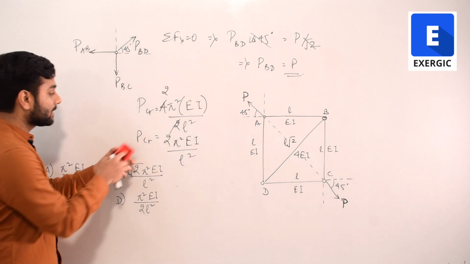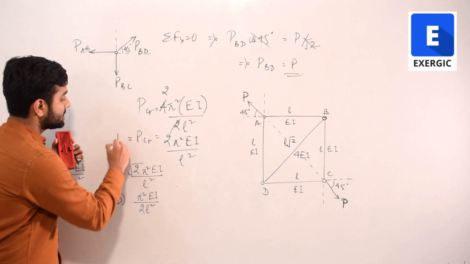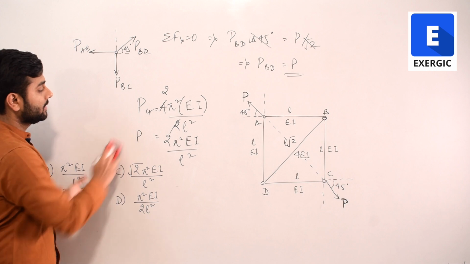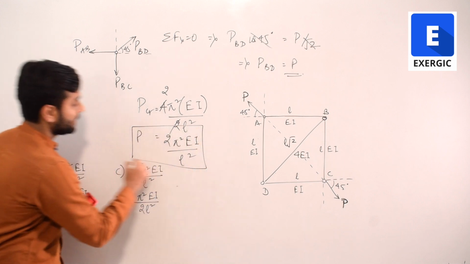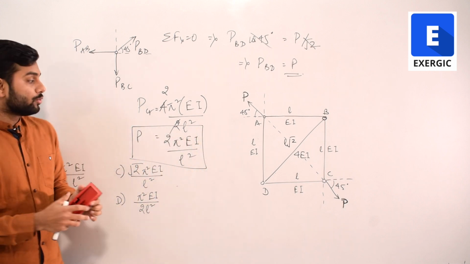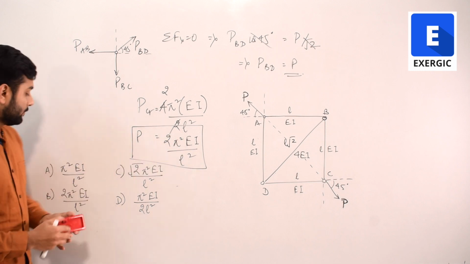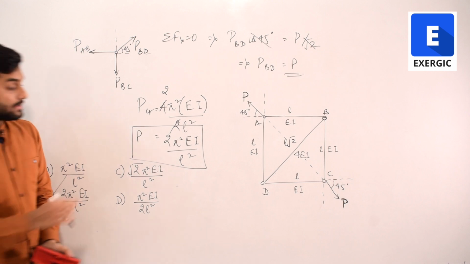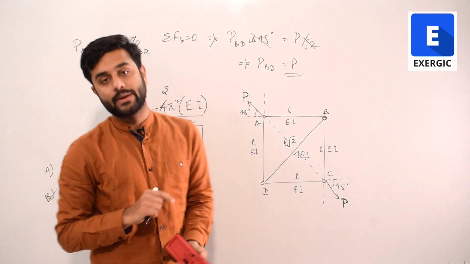So PCR can be written as P itself for this case. And if we write it as P, then this is the expression that we have got, that P is equal to 2 pi square EI by L square. And if you look at the options, this option, 2 pi square EI by L square, is the correct answer for this question.